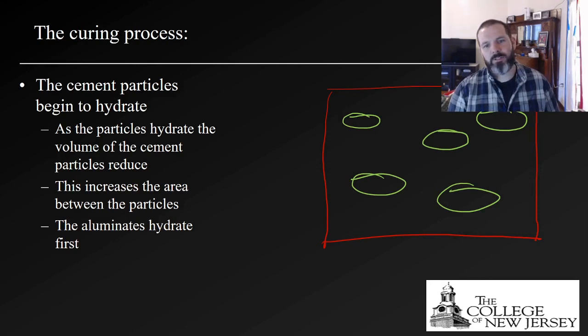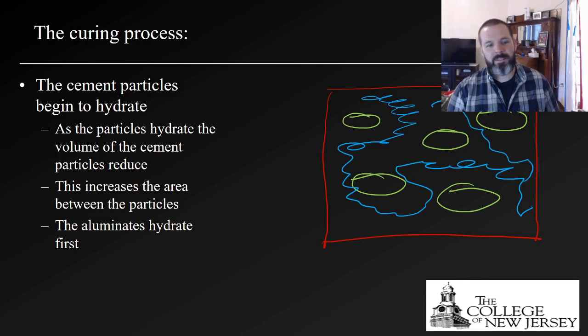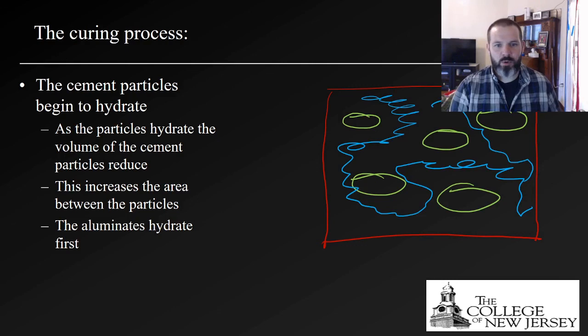Blue is water. And these particles will be melting down, making the mixture more and more alkaline. So we'll still have that interface where they are breaking down, and each one of these will be breaking down.